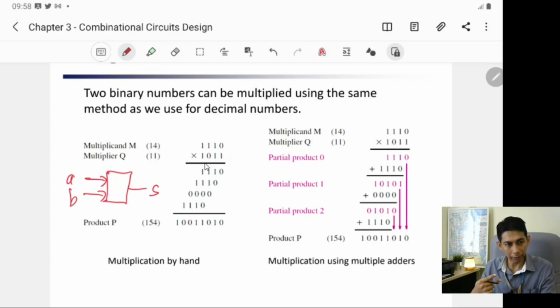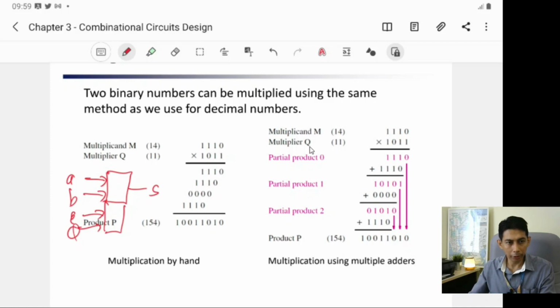We can add 2 numbers. But we don't have an adder with many inputs like A, B, C, D, that gets a result. No, we don't have that. So we can use a two input adder and modify this a little bit to this.